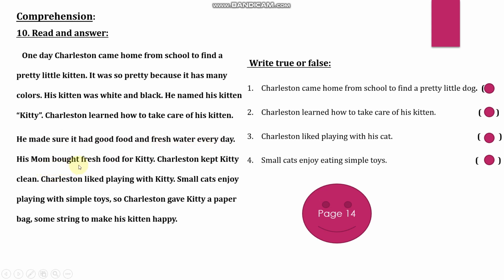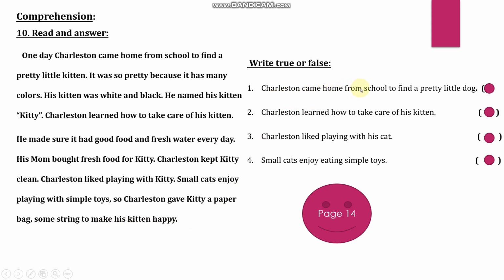His mom bought fresh food for Kitty. Charleston kept Kitty clean. Charleston liked playing with Kitty. Small cats enjoy playing with simple toys. So, Charleston gave Kitty a paper bag and some string to make his kitten happy. Write true or false.